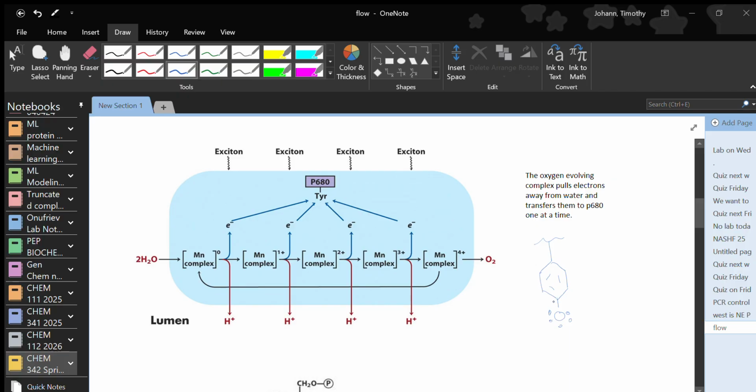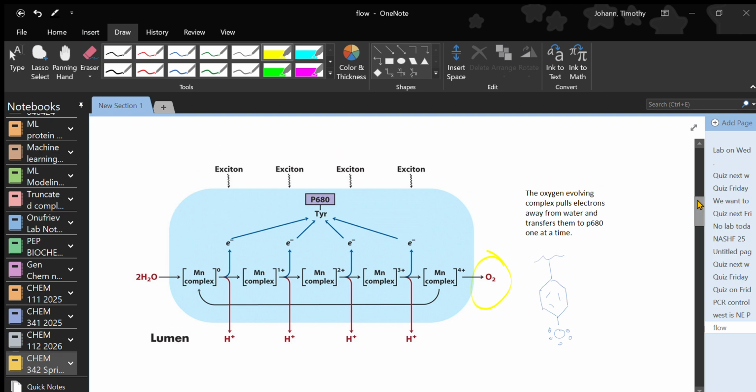Questions? It's called the oxygen evolving complex because it's why we have oxygen in our atmosphere. Does this figure, I'm not necessarily going to ask you to describe this figure, but does this figure make sense in what we just talked about? We had 4 electrons that were going to go through our light reactions, right?